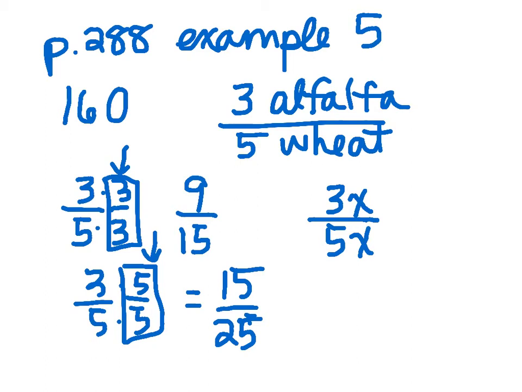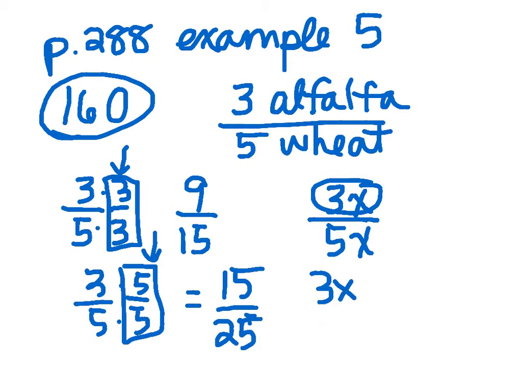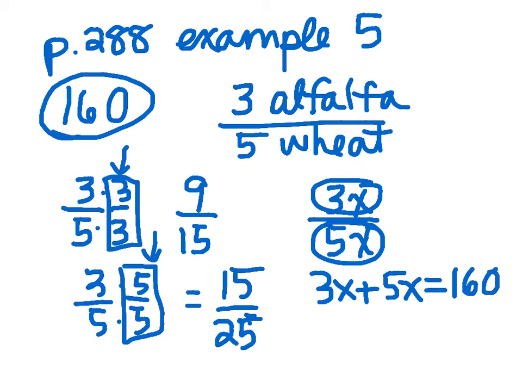The other thing we know about this problem is there is a total of 160 acres. So however many alfalfa acres there are, added to the number of wheat acres, is going to add up to 160, meaning 8x equals 160, and that means that x is 20.